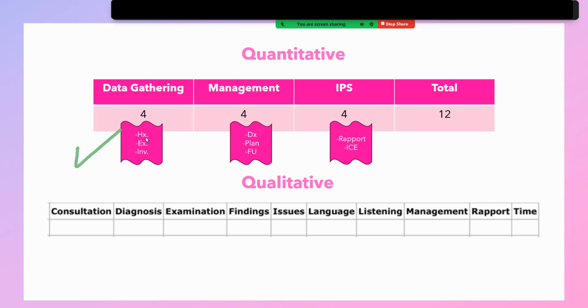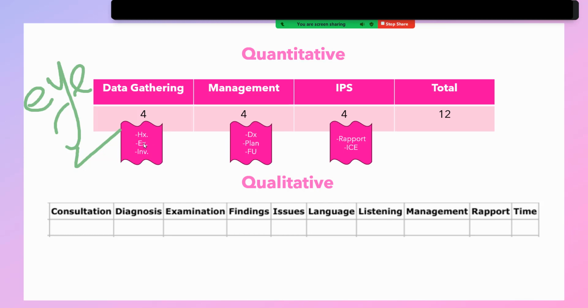Let's take an example for this. Let's say a patient is presenting with an eye symptom, eye pain. When you take your history, you have to ask questions relevant to the eye, like watering, redness, itching.